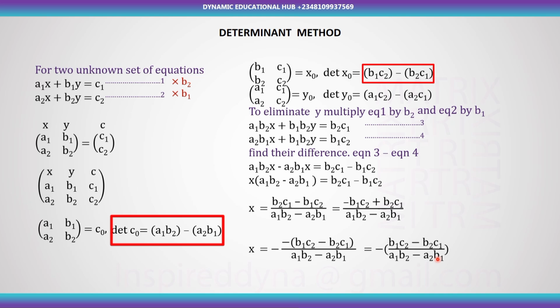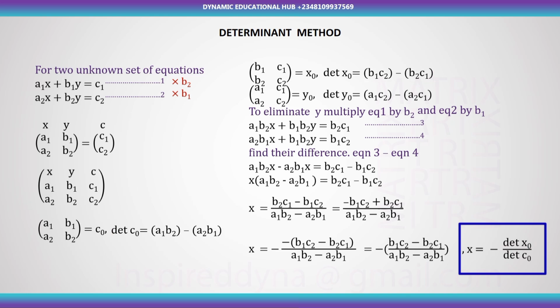Let's observe it very well. Observing b1 c2 minus b2 c1, we have determinant of x naught over determinant of c naught. So basically we discover that x is what? Minus determinant of x naught over determinant of c naught.